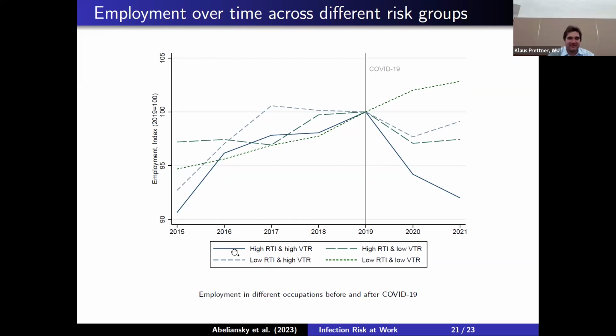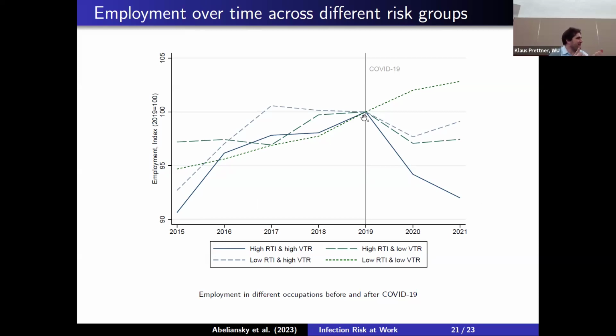But for the group that has a high automation risk and a high viral transmission risk, we see there is really a sharp change in this upward trend in employment when COVID-19 hits, and afterwards it goes down, leaving all the gains that it had from 2015 to 2019, which were even higher than the gains made in employment for the low routine task intensity and low viral transmission risk.